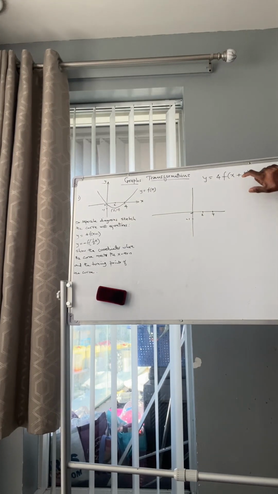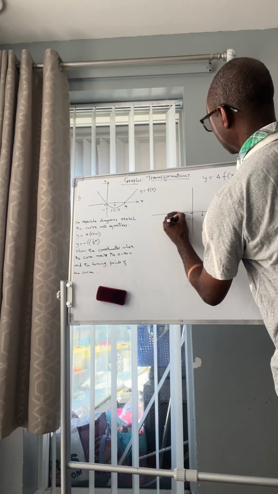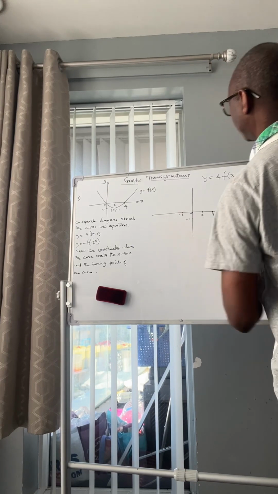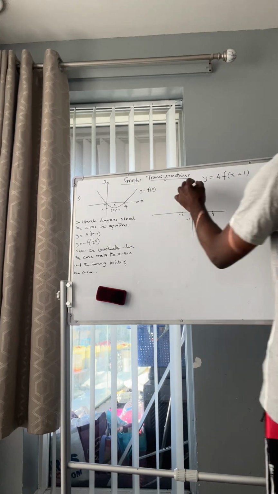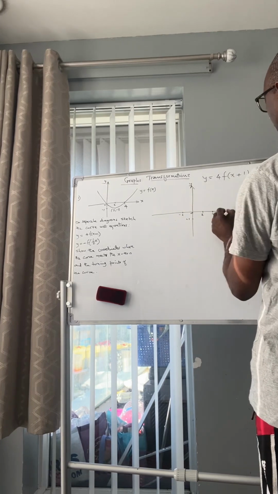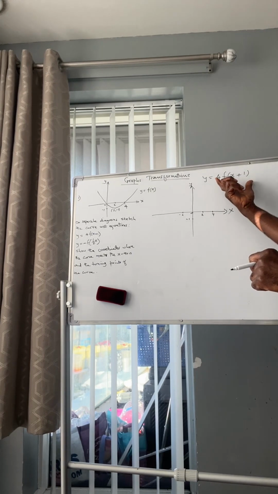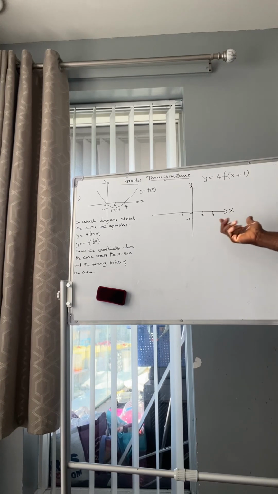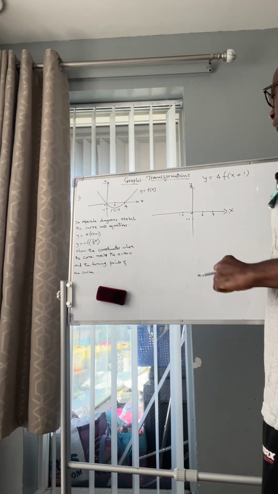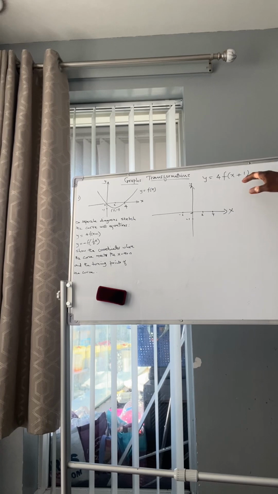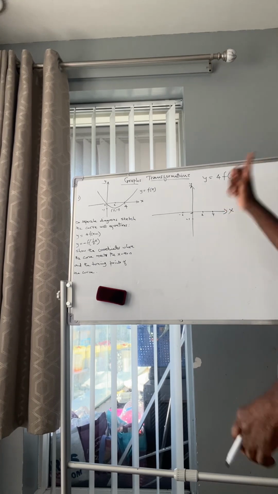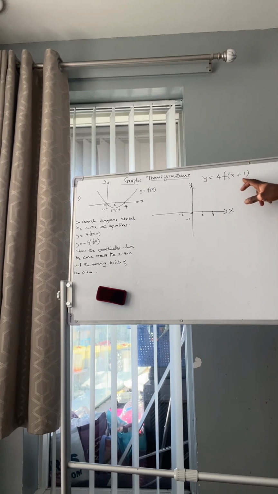So now, let me put minus 2 here. And this is your y, this is your x. So we want to see what this minus 1 means. This minus 1 means that this graph is going to shift towards the left hand side by one step or by 1 unit. That's what this one is telling us.